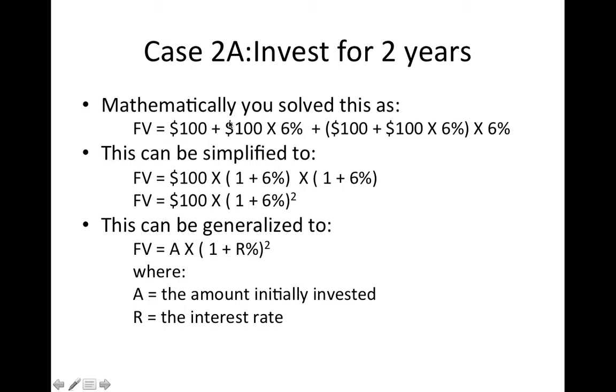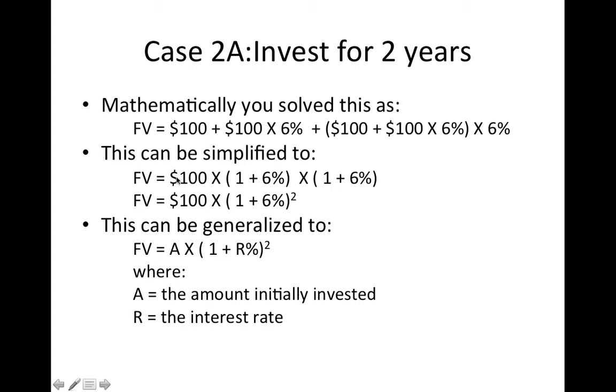But first, let's go back and think about mathematically how we could simplify what you just did. So you've got the $100, and then at the end of year one, you got $100 times 6%. And then you've got $100 plus $100 times 6%, so $106 times 6%. This is your year 2 amount.